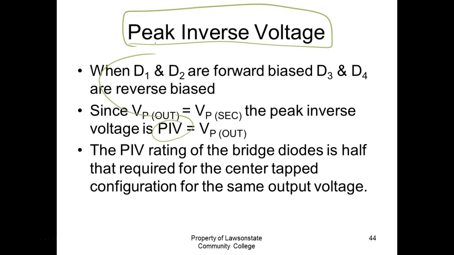Now the problem we have is that books teach it as PIV, but if you look in a data sheet, you're not going to see PIV. It's usually called the peak repetitive reverse voltage, maximum, VRRM.